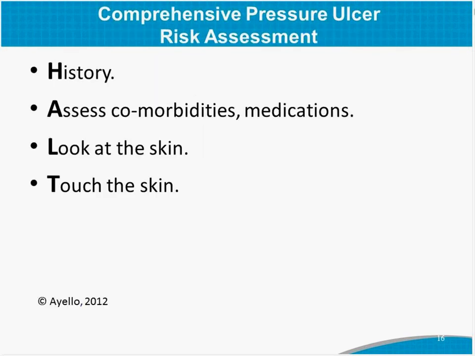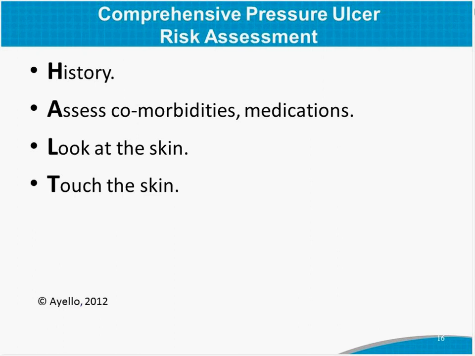So what do I mean by a comprehensive pressure ulcer risk assessment? I've been using this for many years to help teach people to look beyond the scales and some of the patient characteristics. For example, what is the patient's history? Have they had a pressure ulcer in the past?